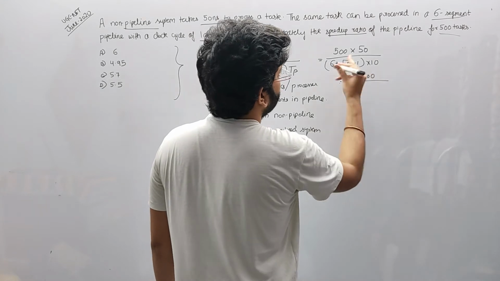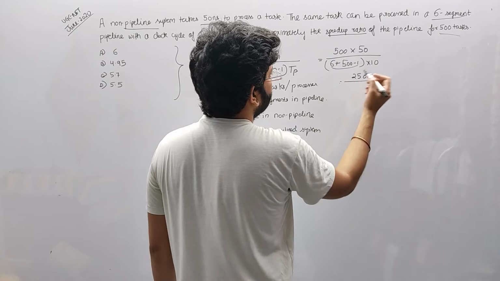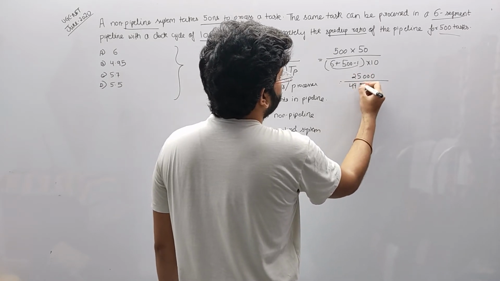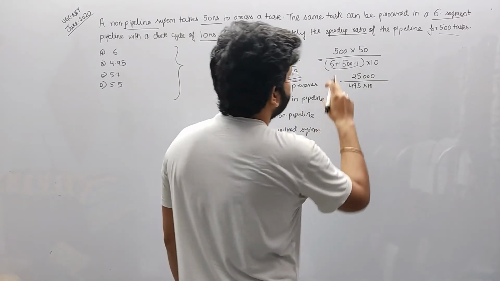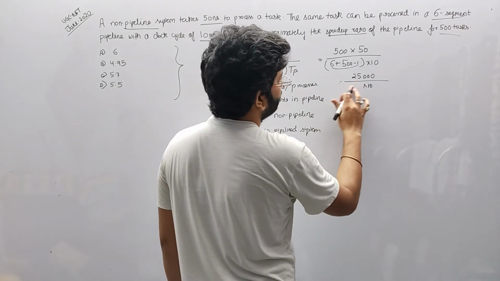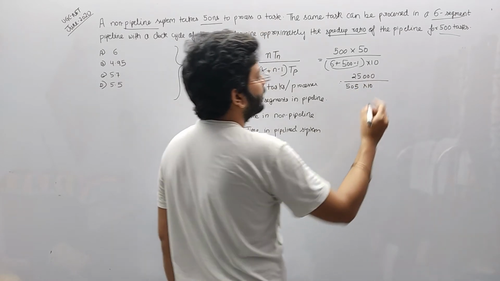This will give me 25,000 by 525. So 6 minus 1 is 5, and 500 plus 5 is 505, so it is 505 into 10. Sorry, it is 5, not 495.